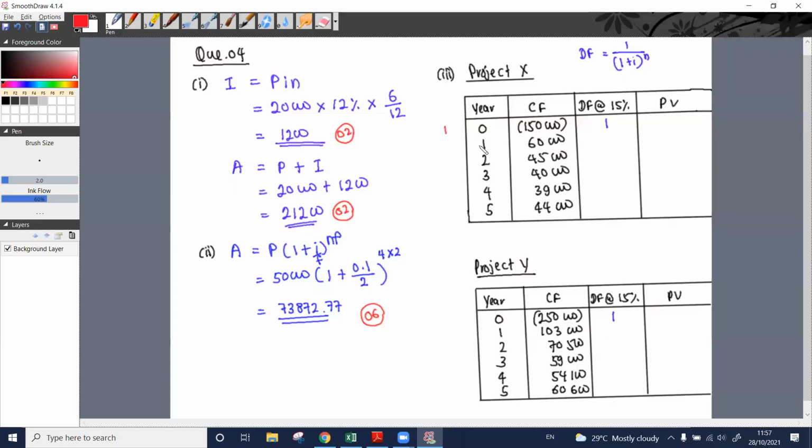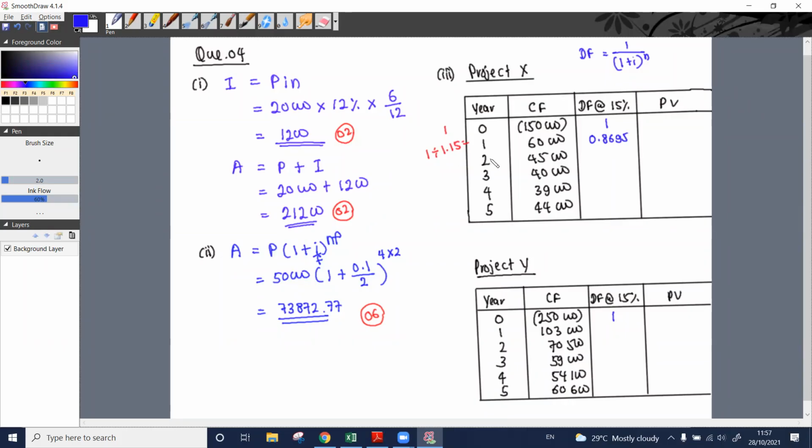Right? Here, in year 1, how can you take it? 1 divided by 1.15 equals, you should get 0.8695.